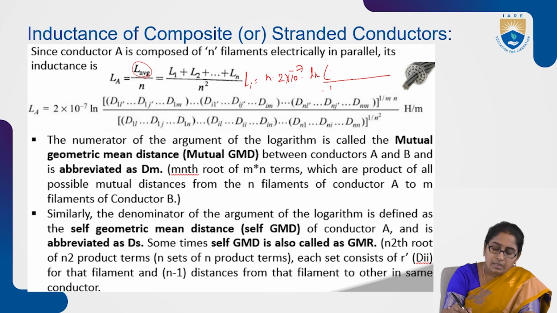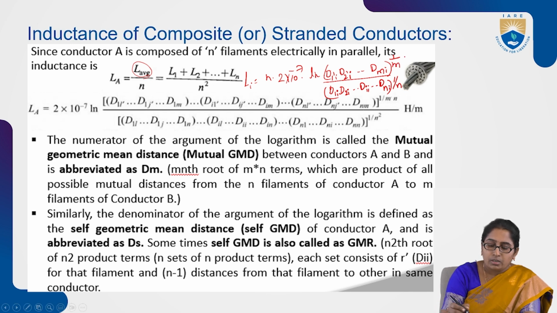So this is given by D1I, D2I, and so on, DII, DNI, right? Whole power 1 by N. And in the numerator we have 1 dash I, 2 dash I, and so on, M dash I, whole power 1 by M. So now this is the Li expression.